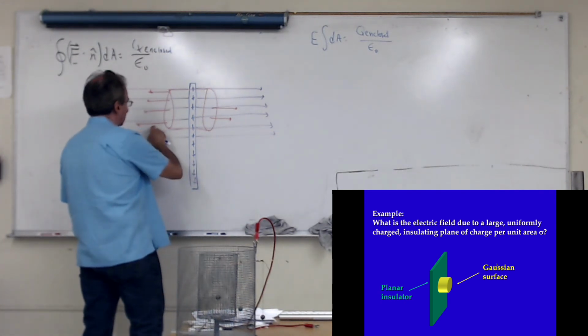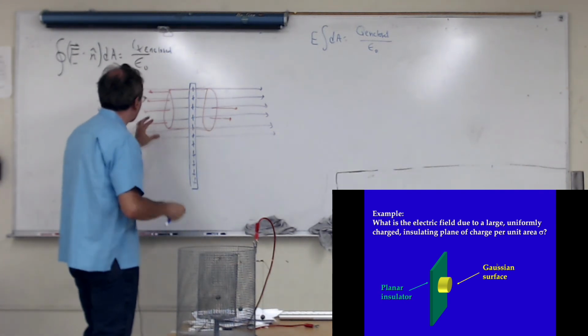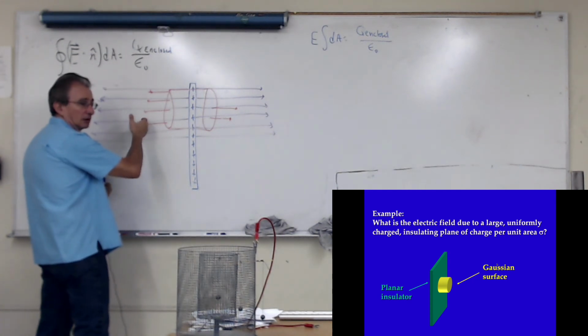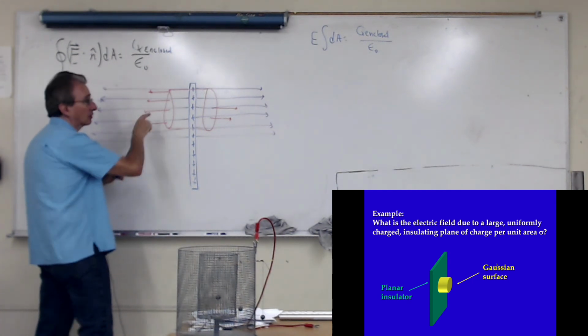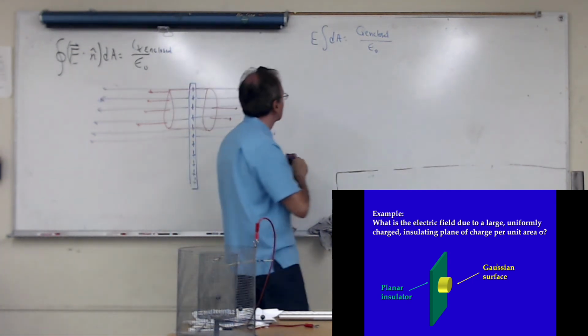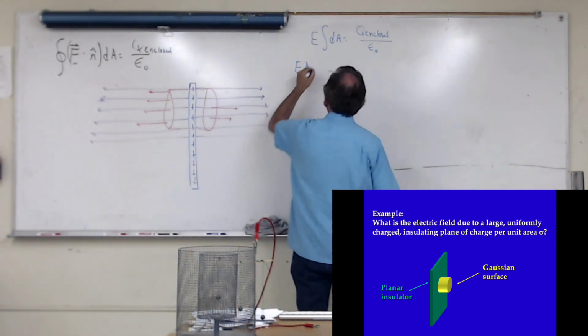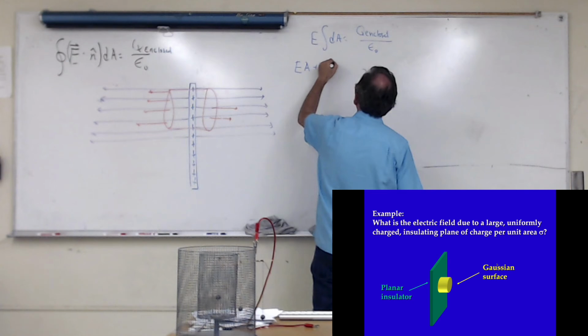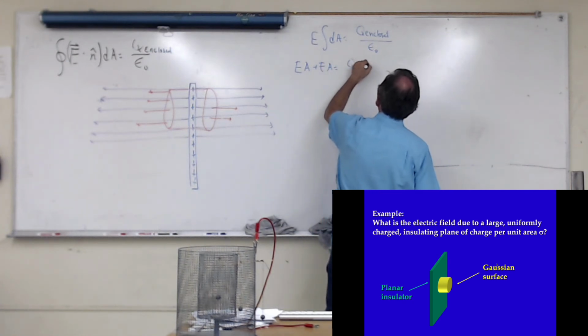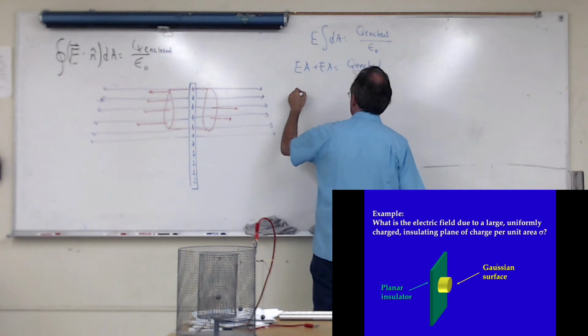So these are always parallel to each other. Even though these both point in the negative direction, these two vectors are parallel to each other. So the two add up together. So we're going to have E times A, whatever this area is, plus E times A. So this is 2E times A.